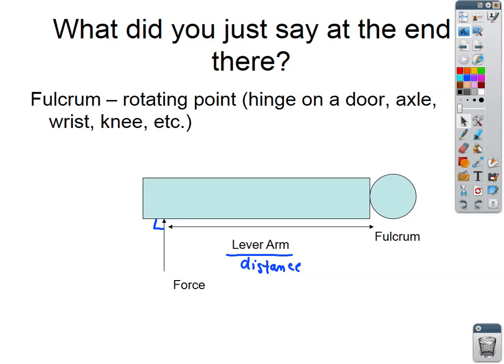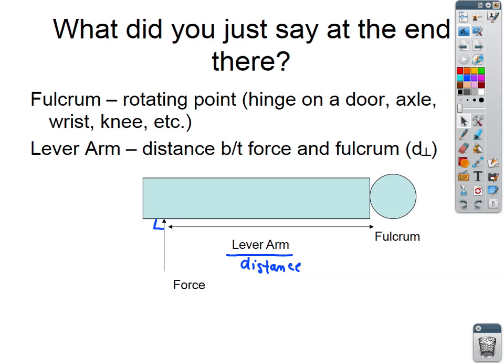A lot of times we think of a seesaw. The fulcrum would be the piece in the middle that lets the seesaw rotate up and down. The lever arm, which really is not used too much, is more old terminology. In AP Physics 1, we primarily just say the distance from the fulcrum. But if you happen to see the term lever arm, that is the distance between where you're applying the force and the fulcrum.